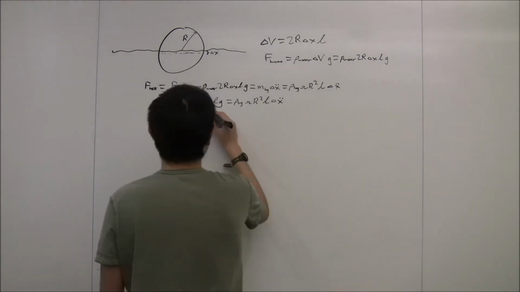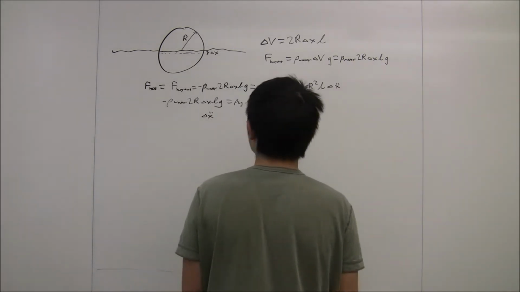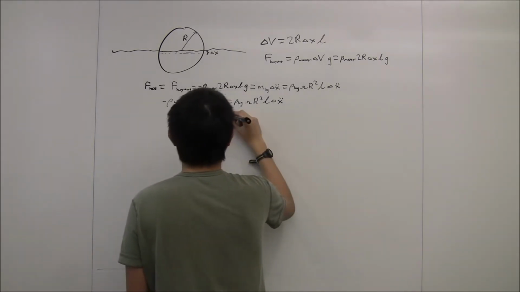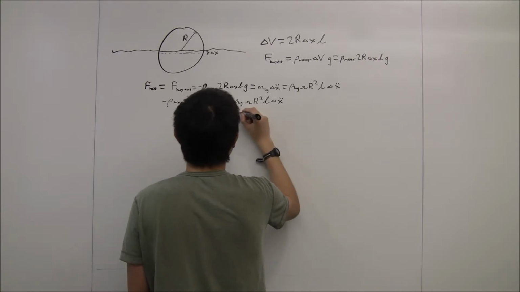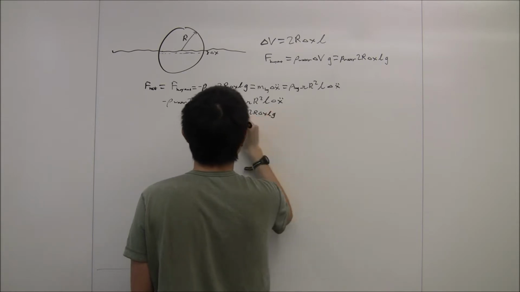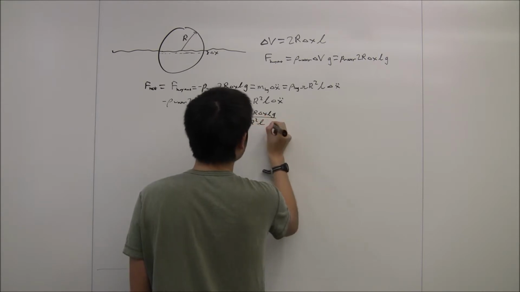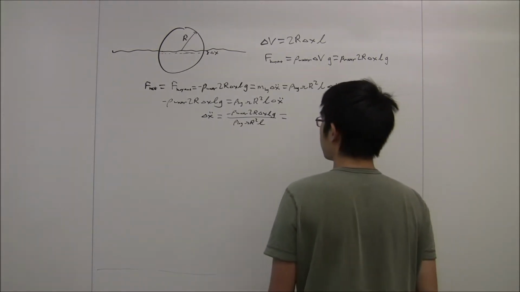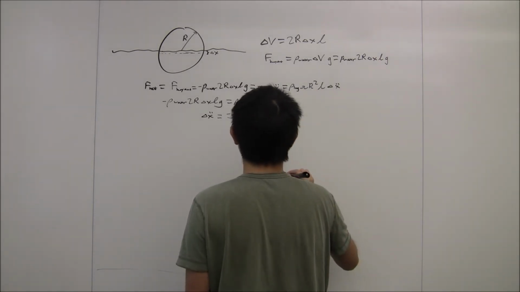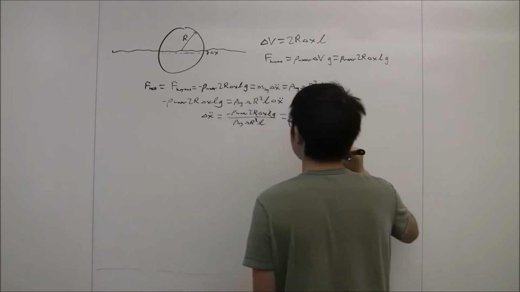So now, if you isolate for delta x double dot, you get that delta x double dot is going to be equal to negative rho water times 2 big R delta x L G over rho log pi big R squared L, which simplifies to, let's see, R's cancel and the L's cancel.